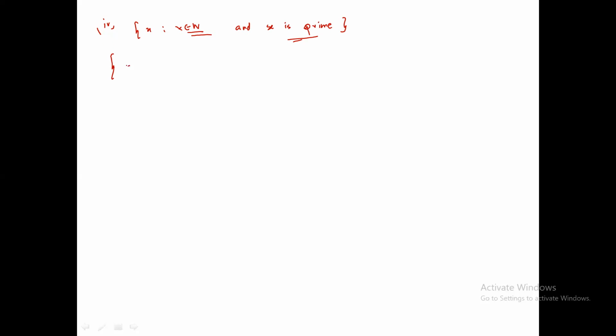Just now we have made a list: 2, 3, 5, 7, 11, 13, 17, 19, and so on. The list of prime numbers which are natural numbers continues. It never stops. You cannot even stop it. Such an example is for infinite set.